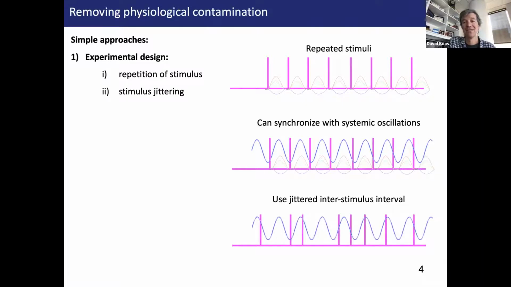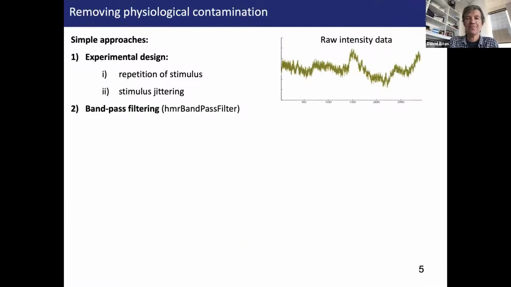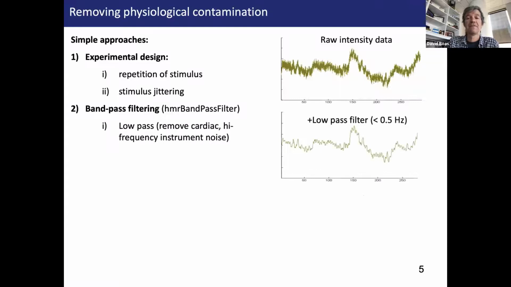And so one way to get over that is you can jitter the timing of the presentation of your stimulus. This particularly works well if you're looking at brief stimuli that you can present rapidly in a randomized fashion, essentially looking at event-related potentials. You can use bandpass filtering.